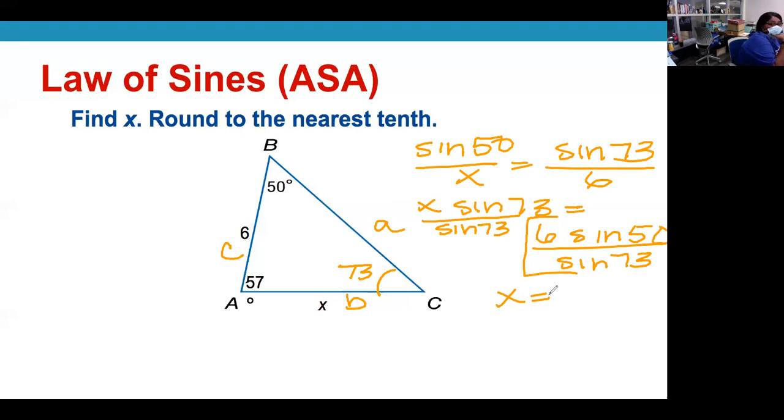And what do we get for X? Yep. So X is approximately 4.8.